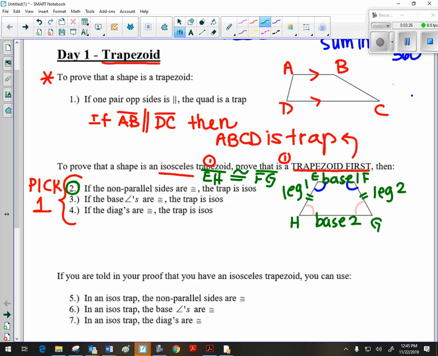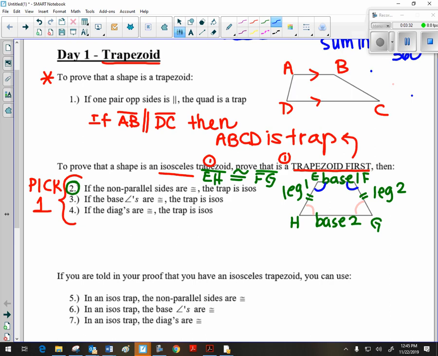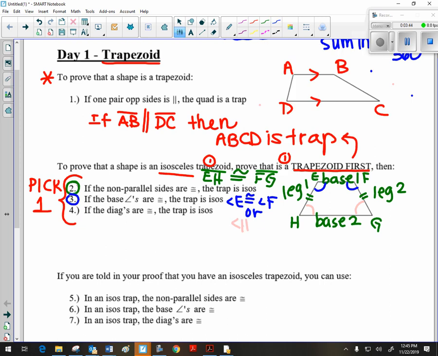If we were going to show the base angles congruent, which is the second way to prove that we have an isosceles trapezoid, we either have to get angle E congruent to angle F, or angle H congruent to angle G.